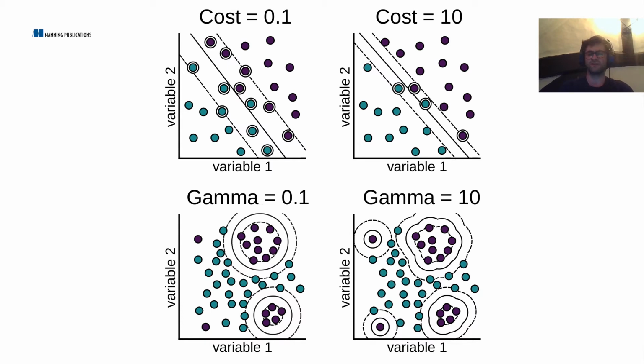So you get a similar kind of trade-off with gamma as you do for the cost hyperparameter. If you set gamma too high, then you'll start fitting the noise in your training set rather than finding real patterns that will generalize well to future data sets. Whereas if you set your gamma too low, then your model will be insensitive to real patterns that exist in your data.